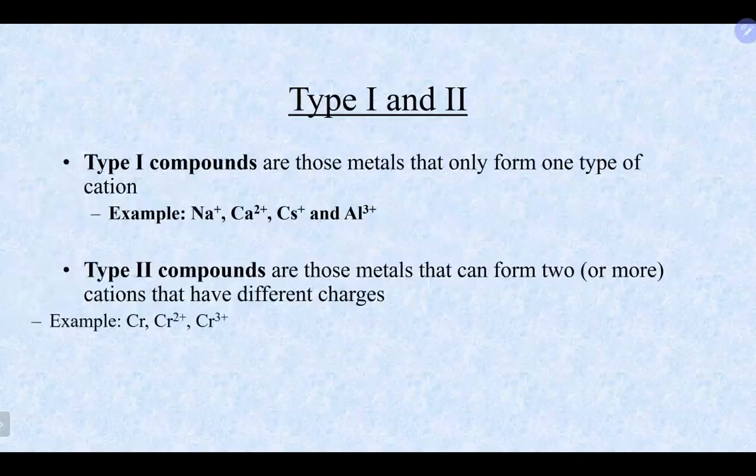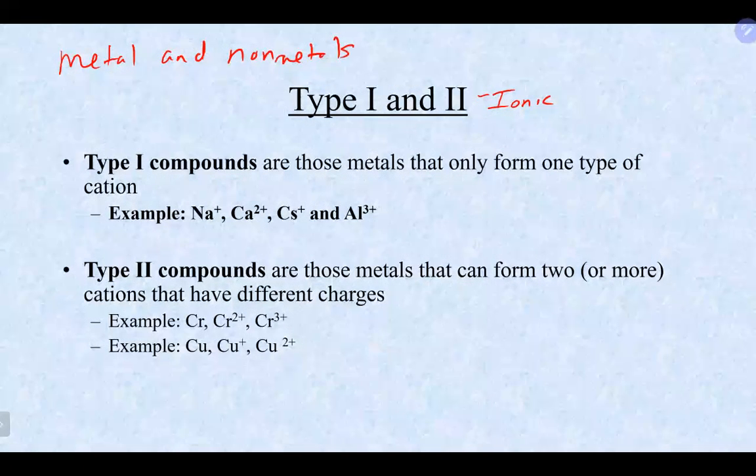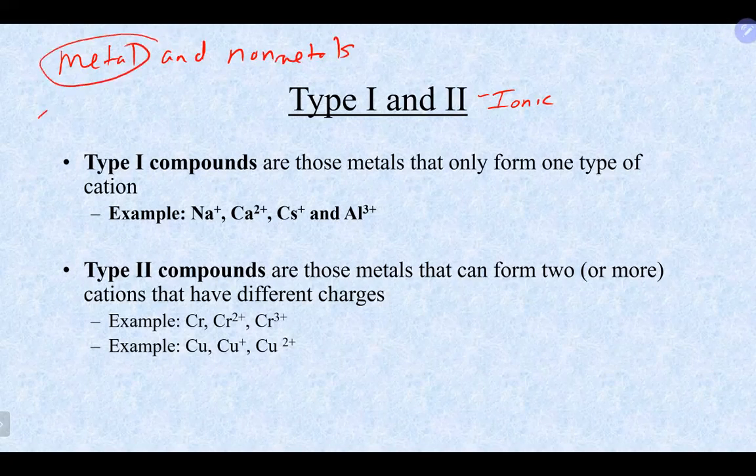So what is the difference between a type 1 and a type 2 compound? The main difference is the metal, and these are, again, both ionic compounds. That means you always have a metal and a non-metal together. And once again, whenever there is a metal involved, that is the most important thing to look at.